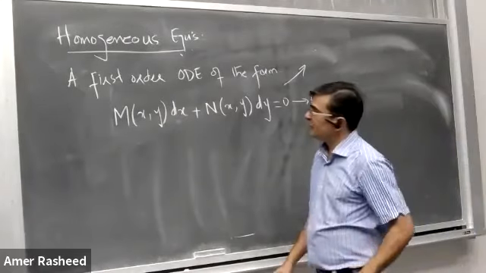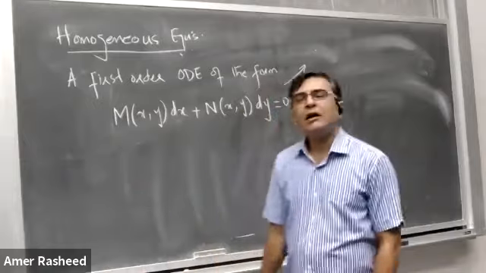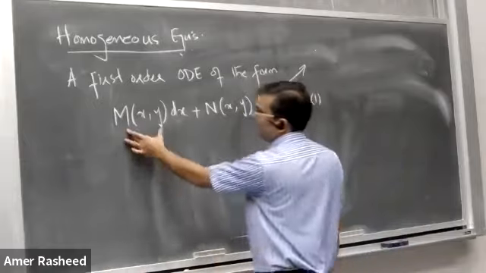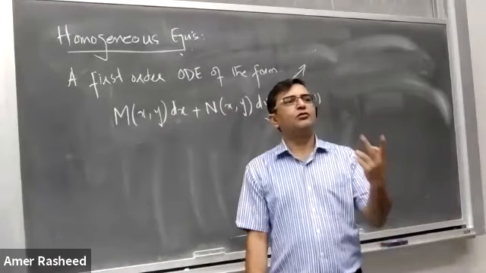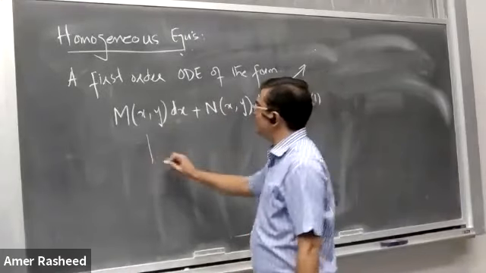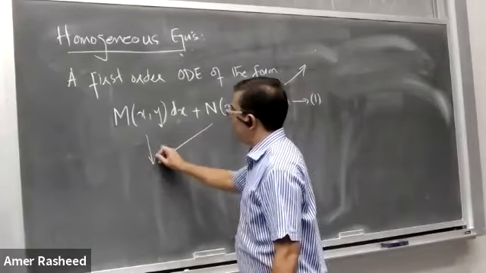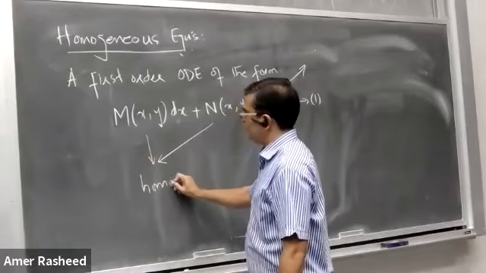So if we have this differential equation, where M of x,y and N of x,y are functions of two variables, now we check whether M and N are homogeneous functions or not.